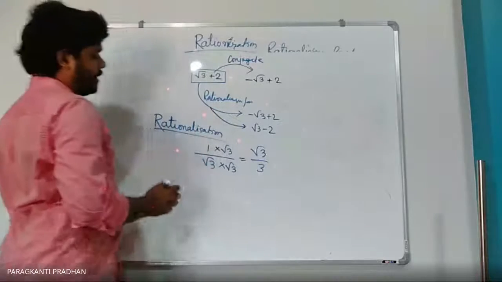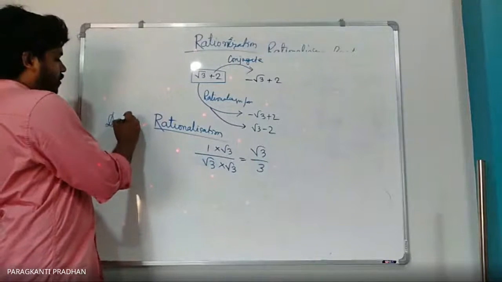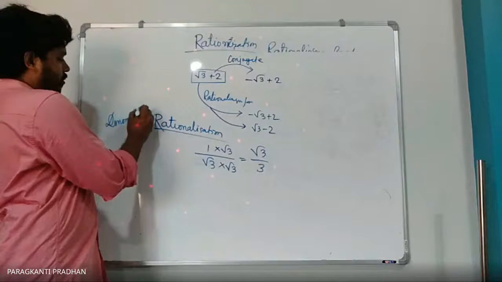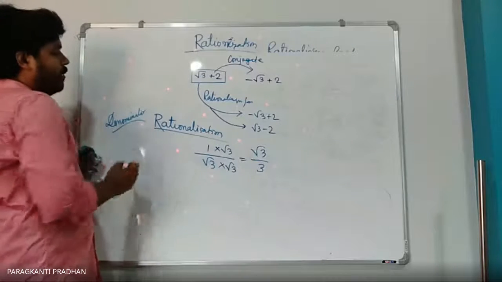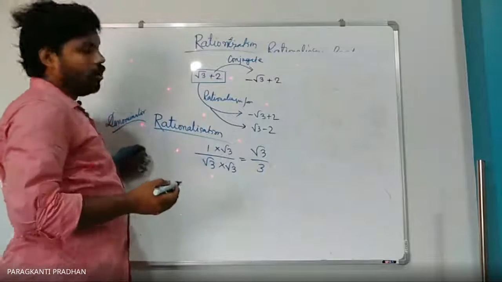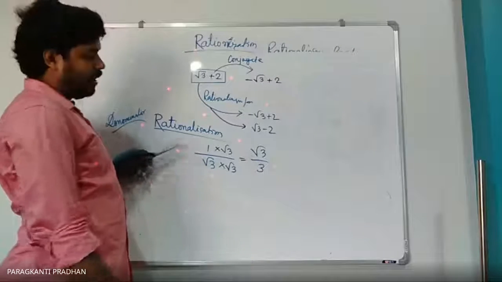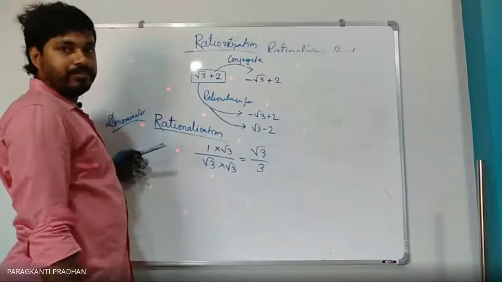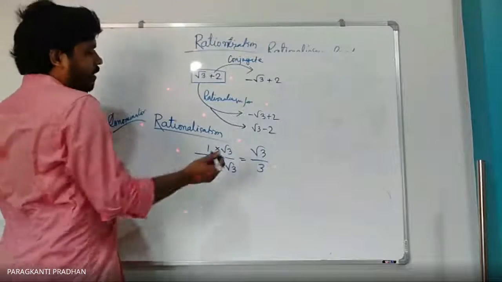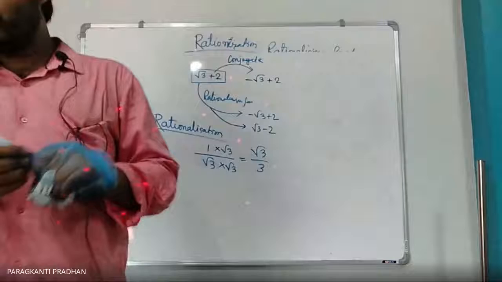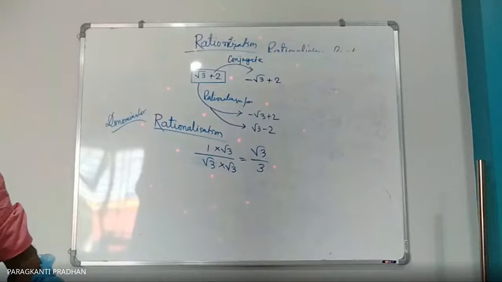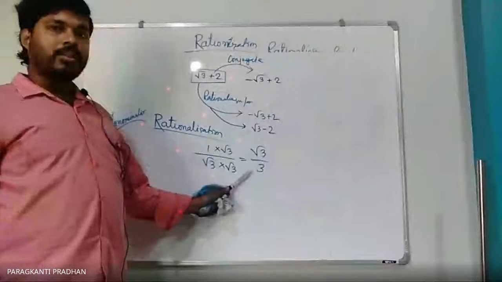So this is denominator rationalization. 1 into root 3 by 3, root 3 into root 3, that is 3. Root 3 by 3.